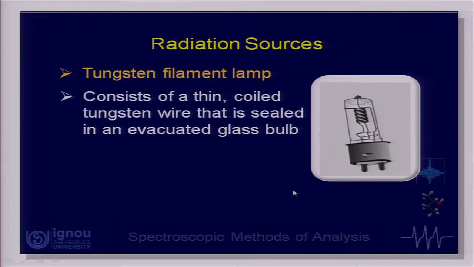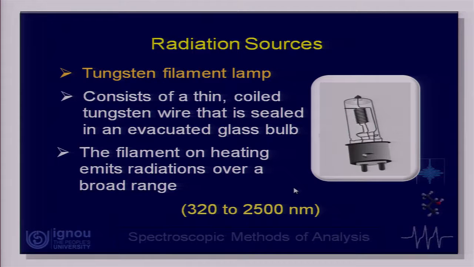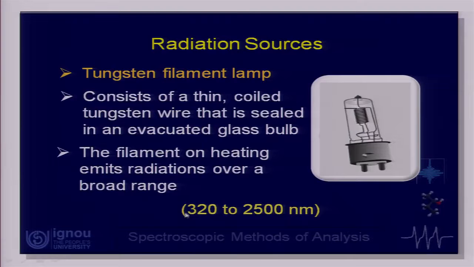When you give electrical energy to that, the filament gets heated up, like the bulbs we use at homes. When the current passes through, the tungsten filament heats up and starts glowing. When it glows, it gives out radiation in a wide range, from about 320 nanometers to about 2500 nanometers. It is a very broad range.